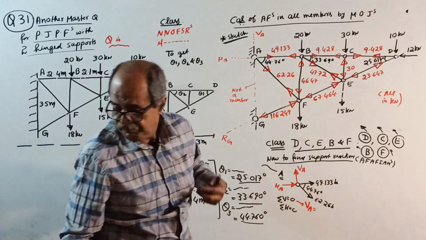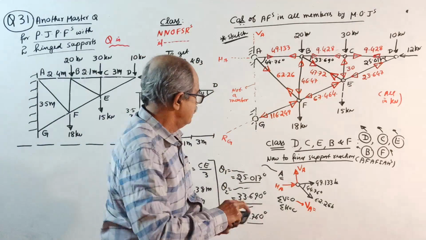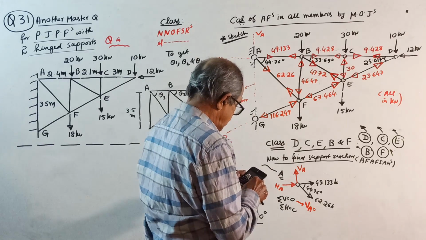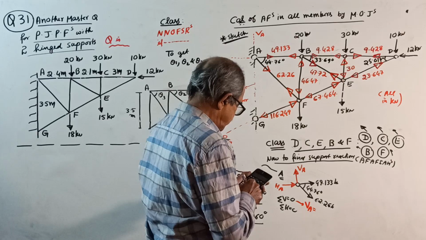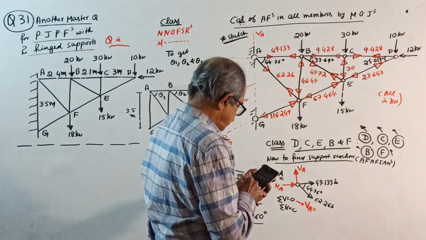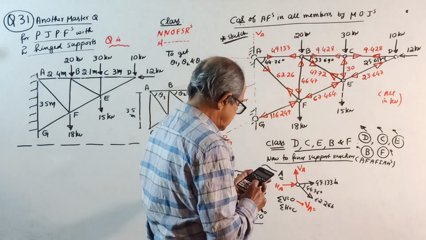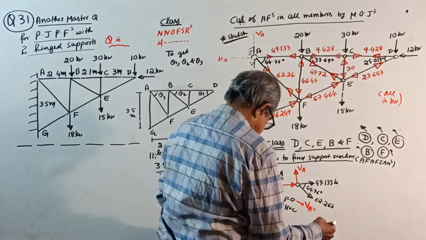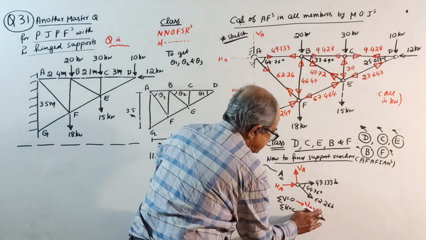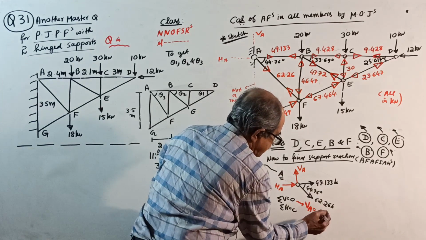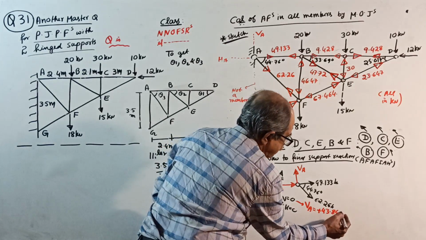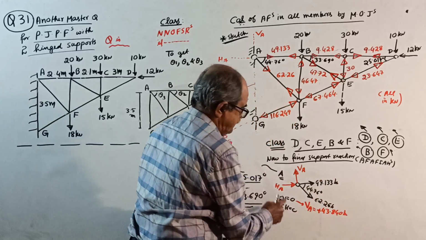VA is 62.26 into sine of 44.76, which is 43.840. Sine is also important, so VA is plus 43.840 kilonewton. And sigma H equal to 0.